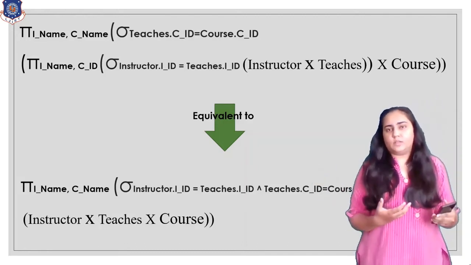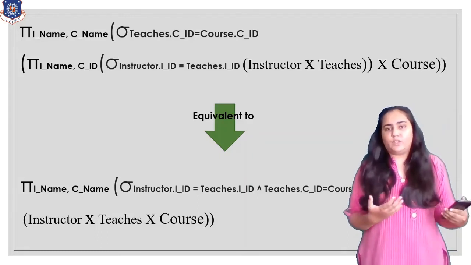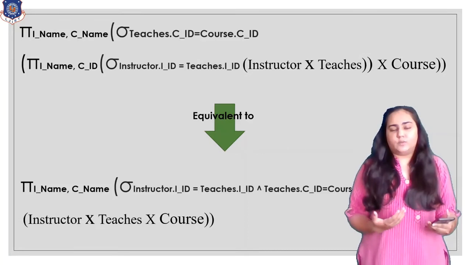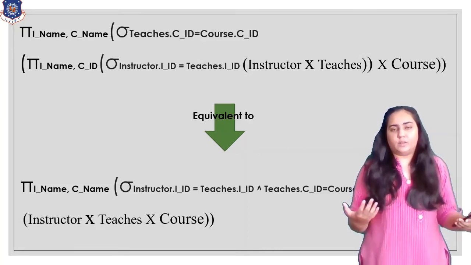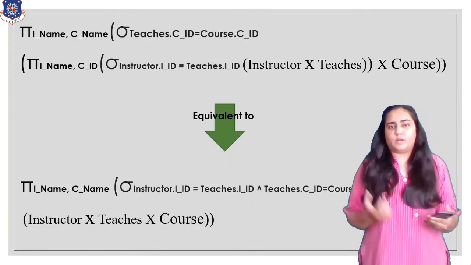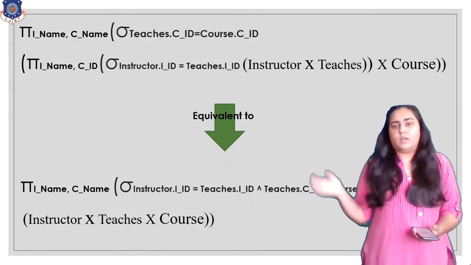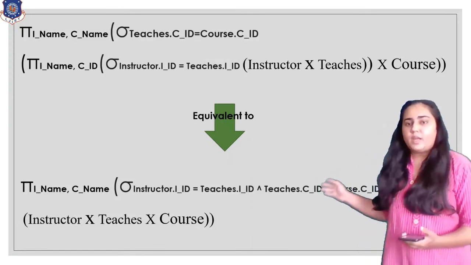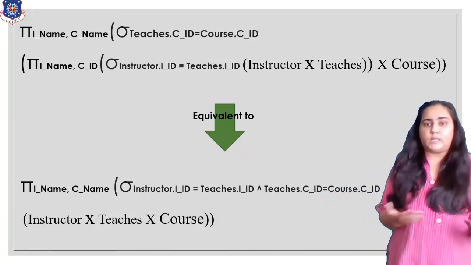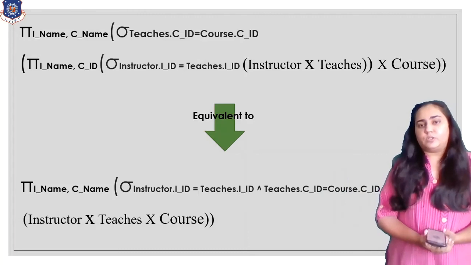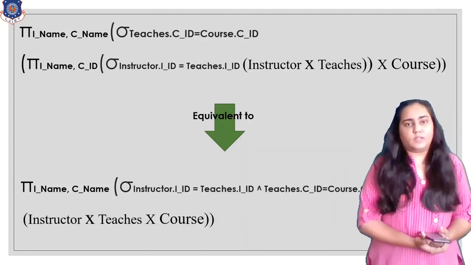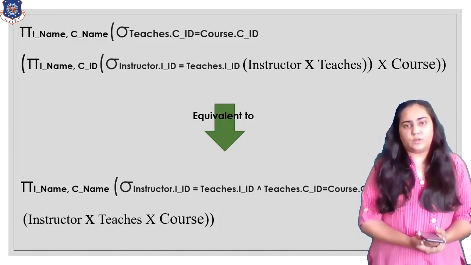And a little bit of a tip is whenever you have any questions in relational algebra where the question requires you to combine 2 tables, you can straight away apply a Cartesian product and an equal to condition. And it's not necessary that you need to do equal to, you could do greater than, less than, any kind of operation that you want to do with sigma. So that's how you can use Cartesian product.